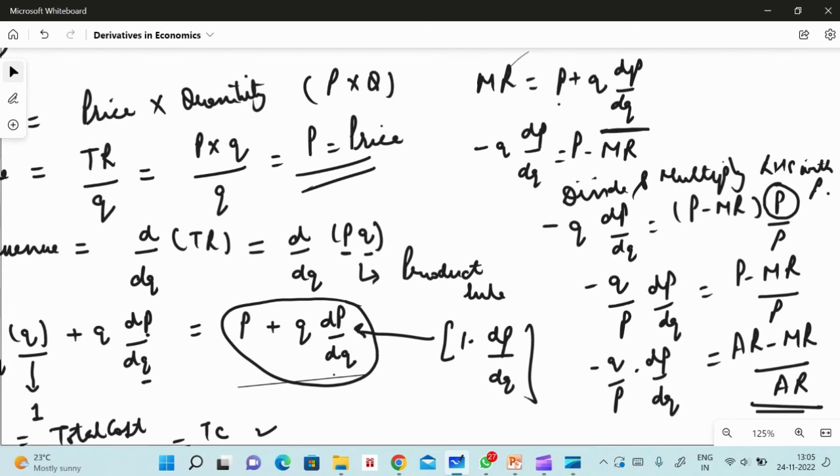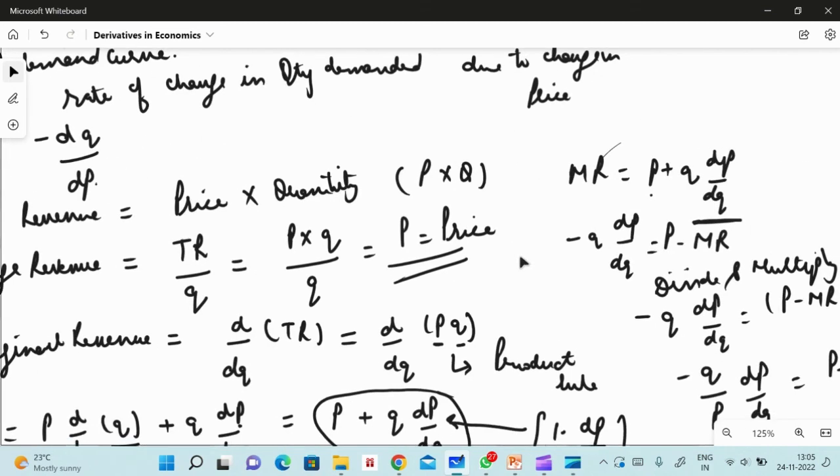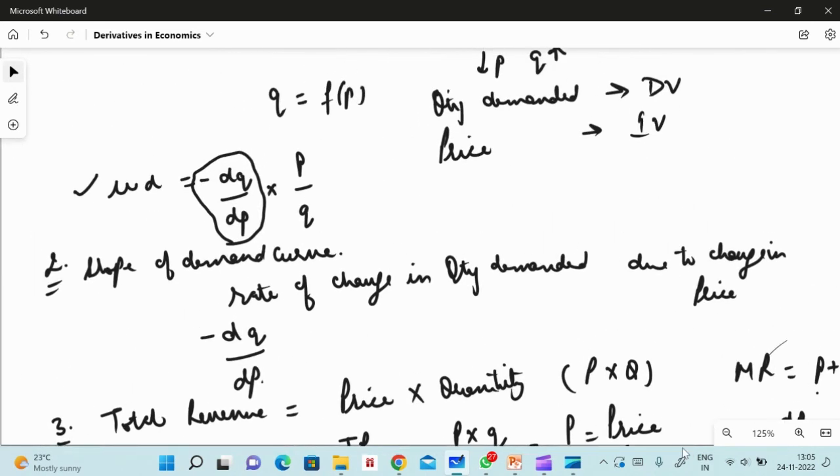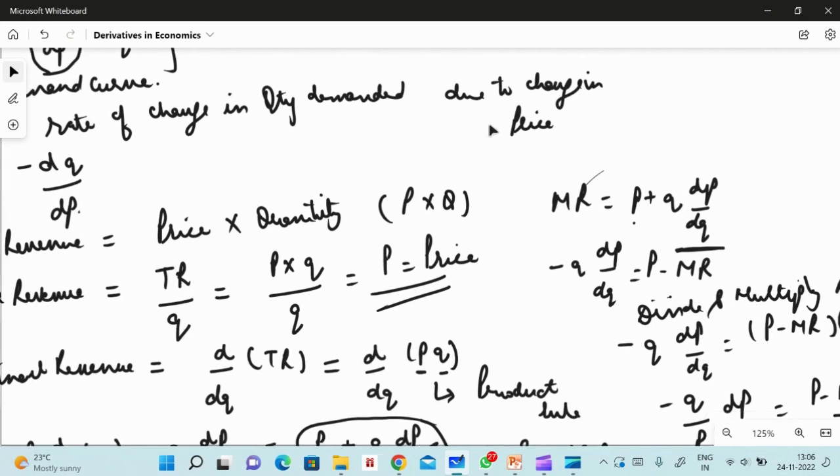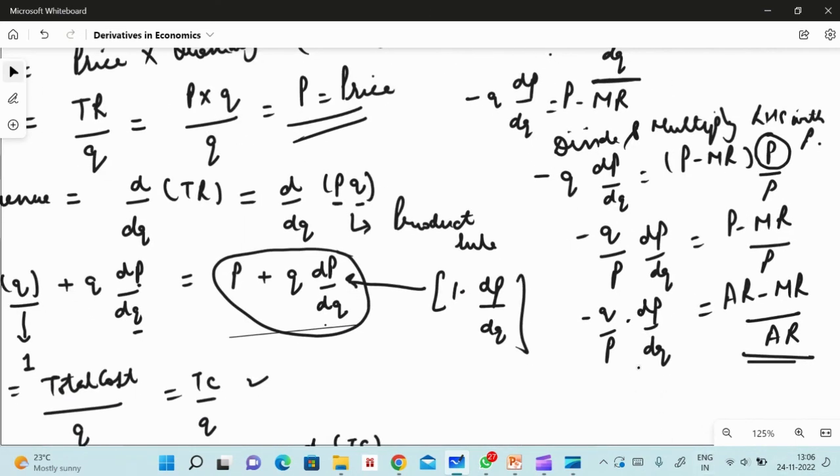Now talking about the left hand side, if you remember this formula which we have done first, this is the formula of elasticity of demand. It is minus P by Q into dQ by dP, right? So what we will do, we will reciprocate both the sides.